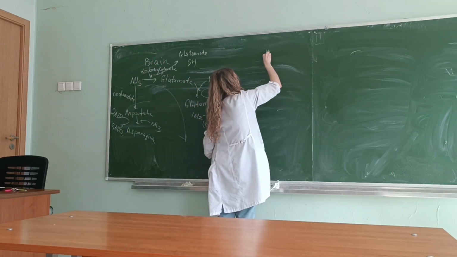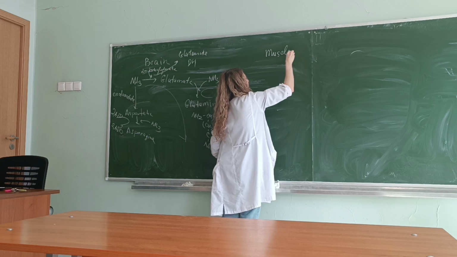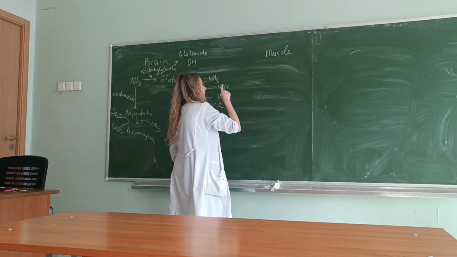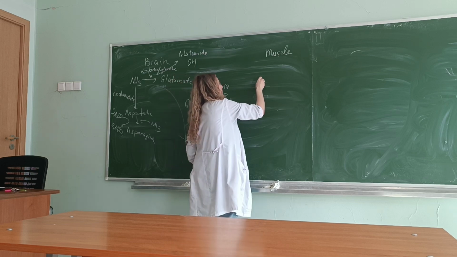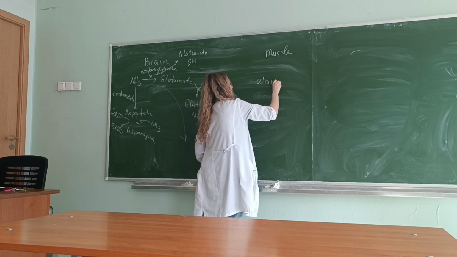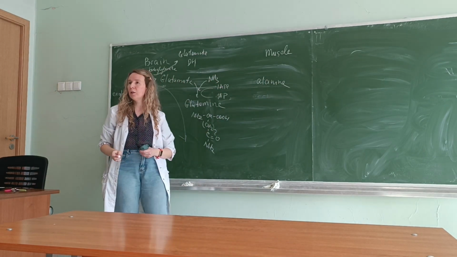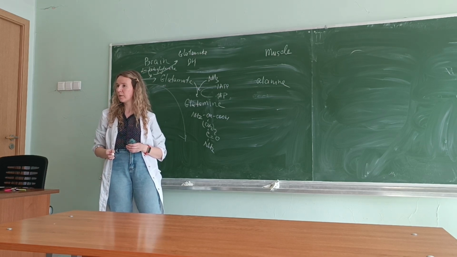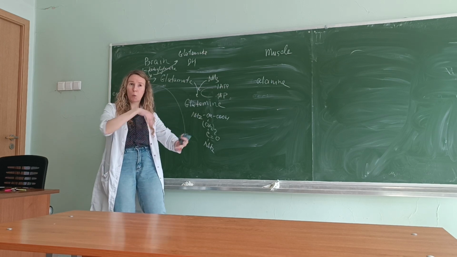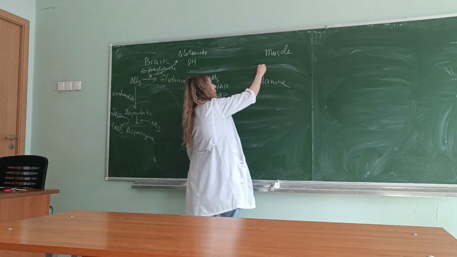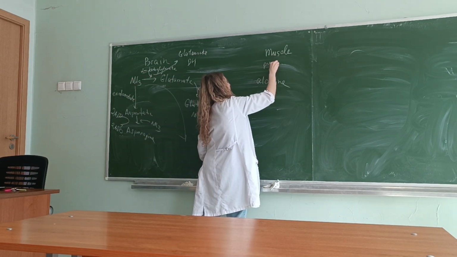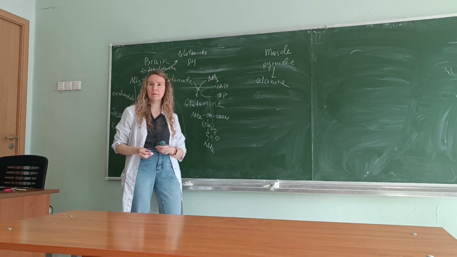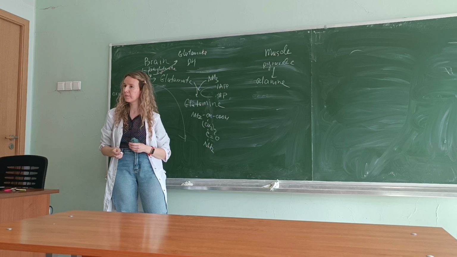So, for example, what will we do with muscles? In muscles, we will get alanine. Do you remember the reaction of alanine transamination? So this is in the reverse way. So pyruvate is converted into alanine in muscles.